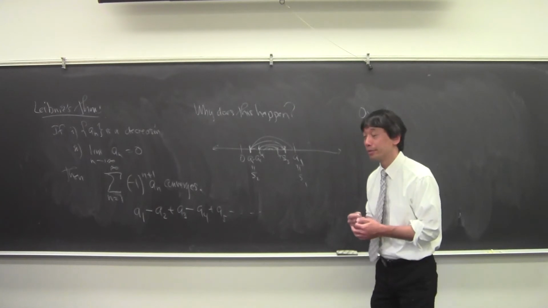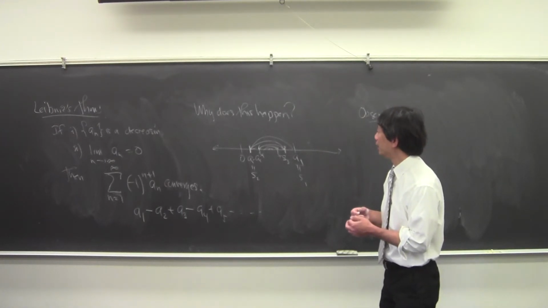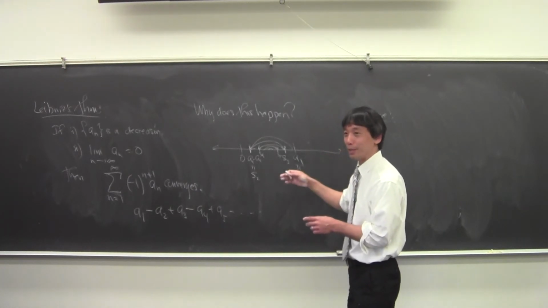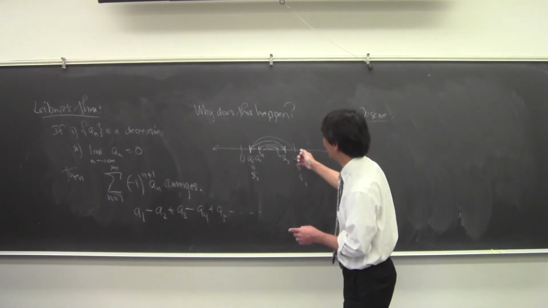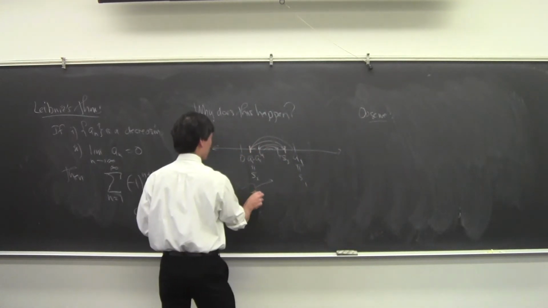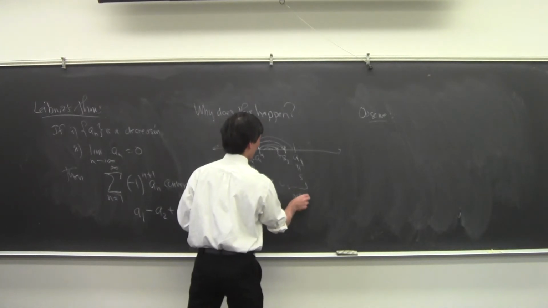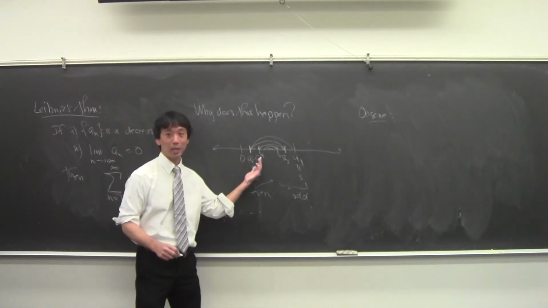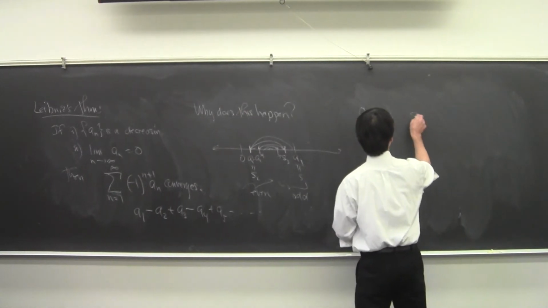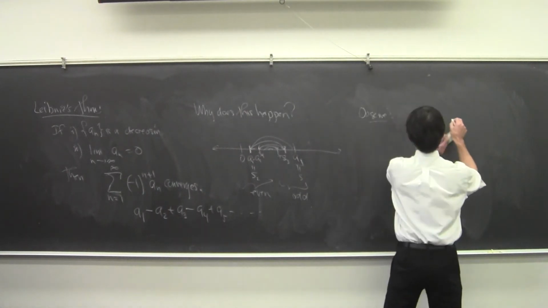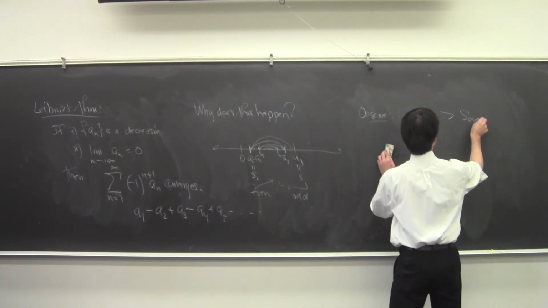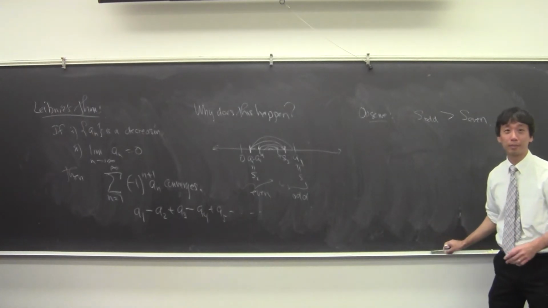Yeah, the odd guys are on the right-hand side, and the even guys are on the left-hand side. So the odd guys are all bigger than the even guys. No even guy is bigger than any odd guy. So the odds, S_{2n+1}, are all bigger than the even guys. That's true.